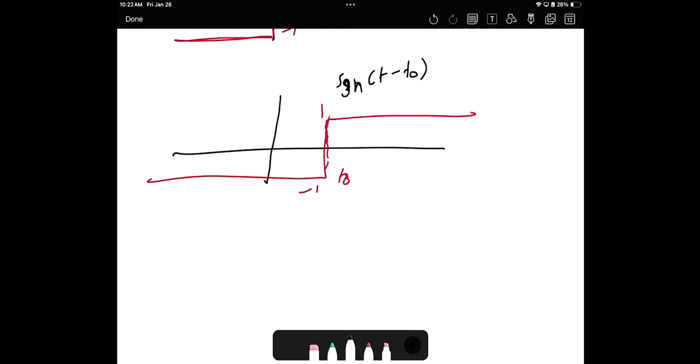So how can we represent the sign function using u of t? It will be u of t minus u of negative t. That's how it looks. Or we can say it is 2 u of t minus 1.